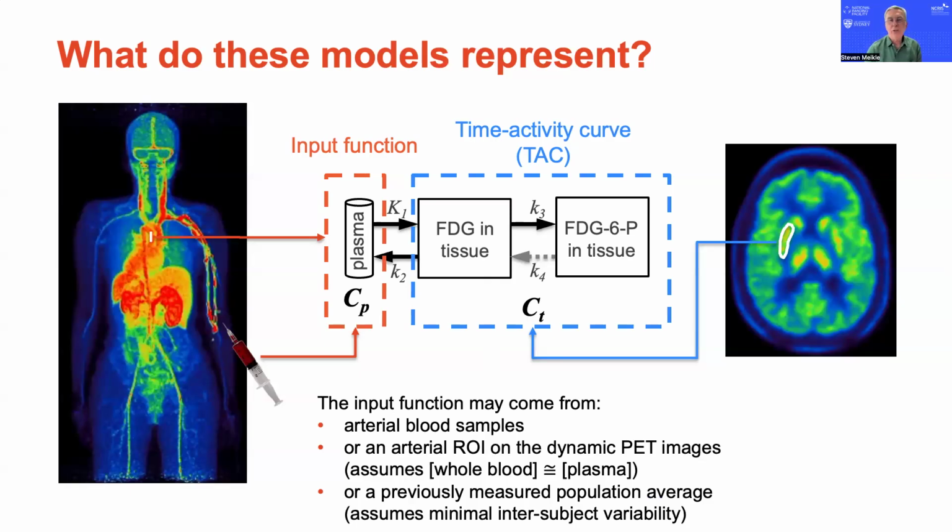And then the third approach is we could just measure the input function in a representative sample of our patient population and calculate the average. So we might have done previous PET scans with arterial blood samples, and then we calculate the average.